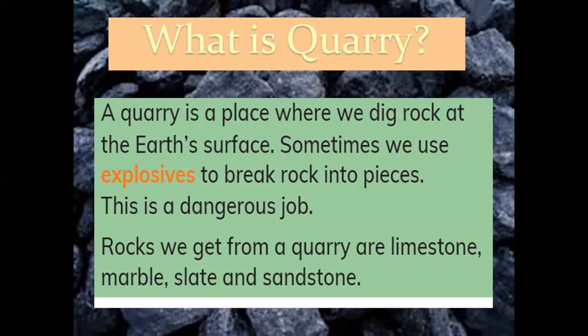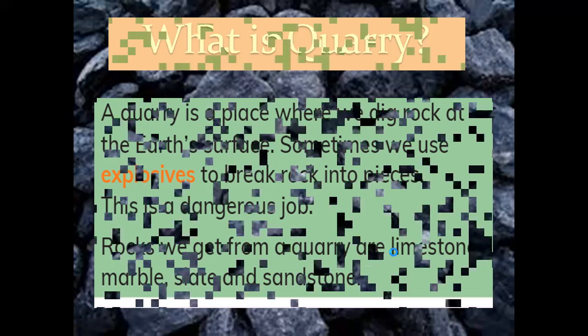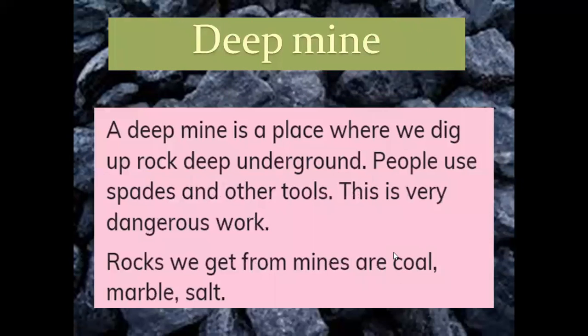We want to break the mountains. Inside the mountains there are different types of rocks, and those rocks can be limestone, marble, slate, and sandstones that are used for different purposes. Then we have deep mine. A deep mine is a place where we dig up rock deep underground.